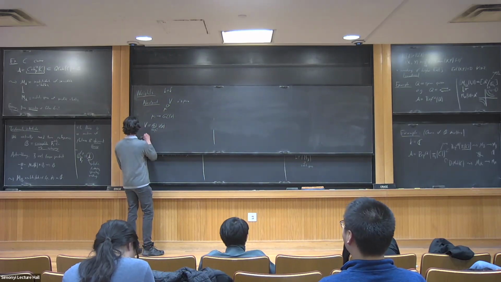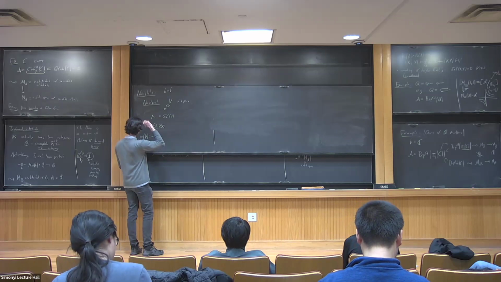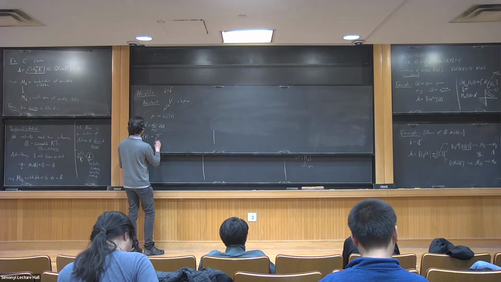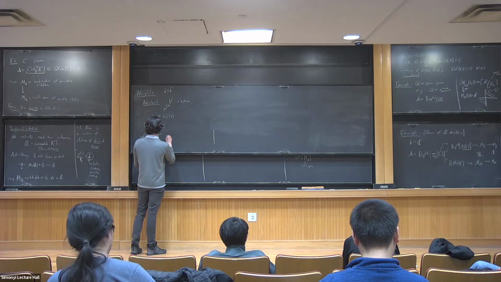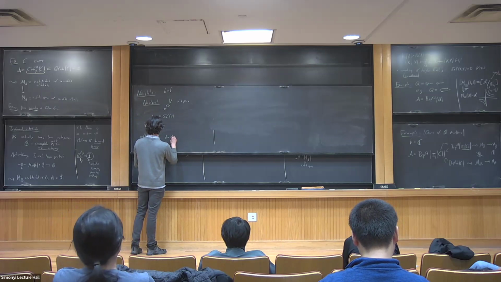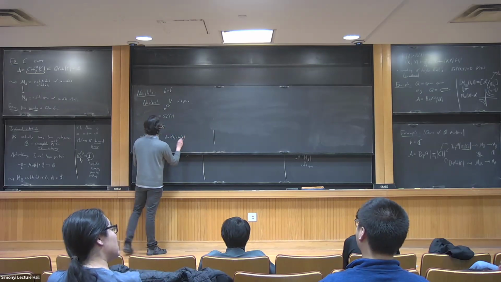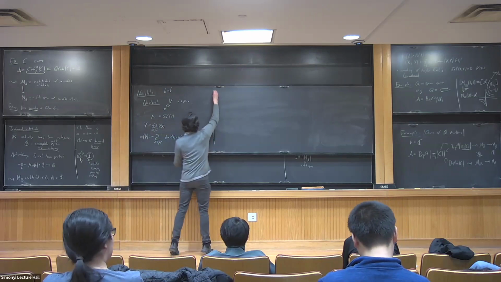Essentially, the formula is that the weight of V is equal to the sum of the dimension of V_chi times the weight of the character chi. Now I just have to define this.